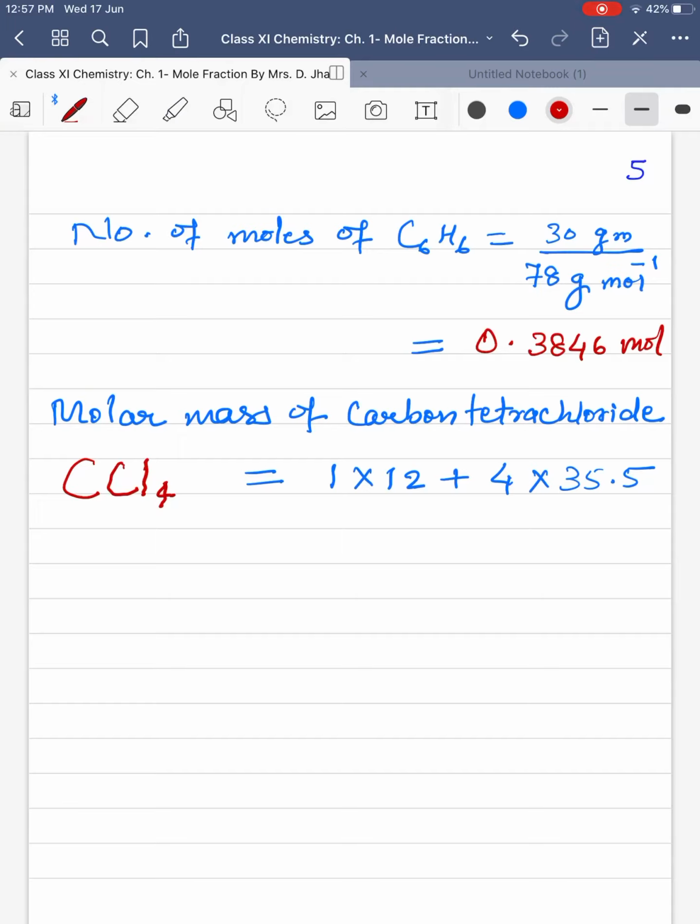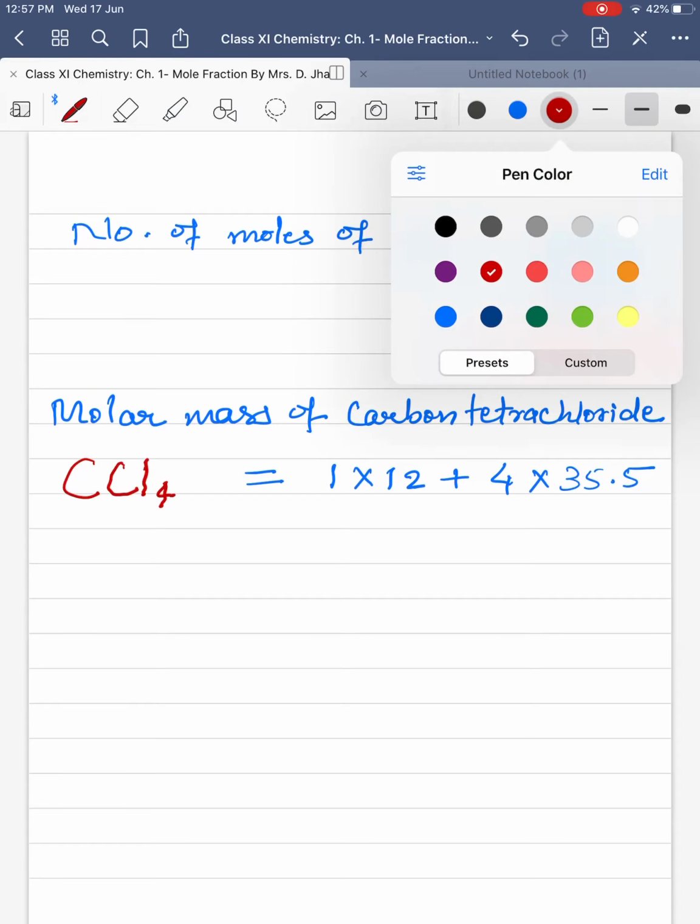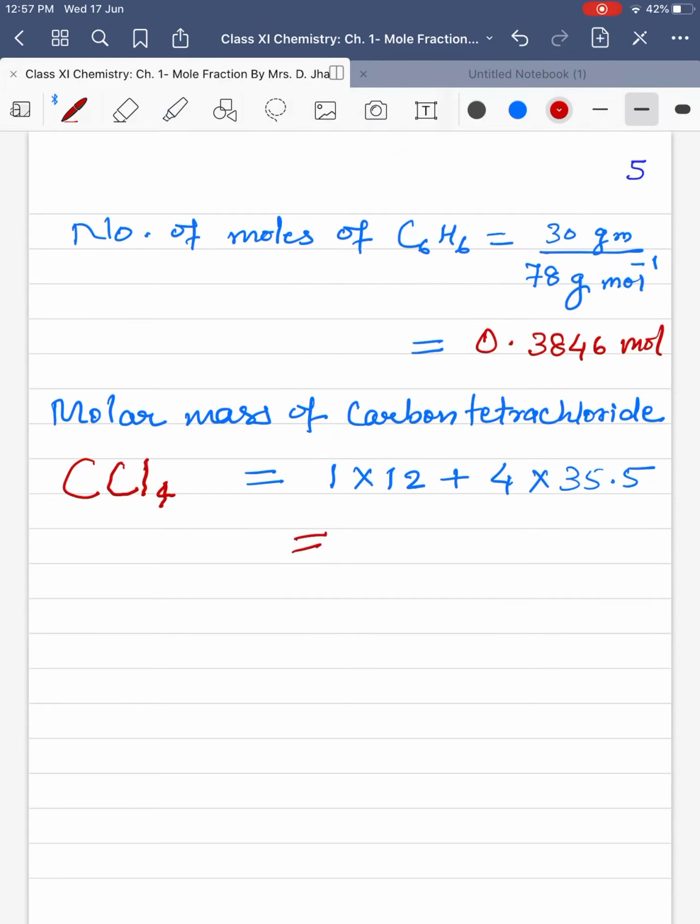It contains 1 carbon atom and 4 chlorine atoms. So its molar mass would be 154 gram per mole.